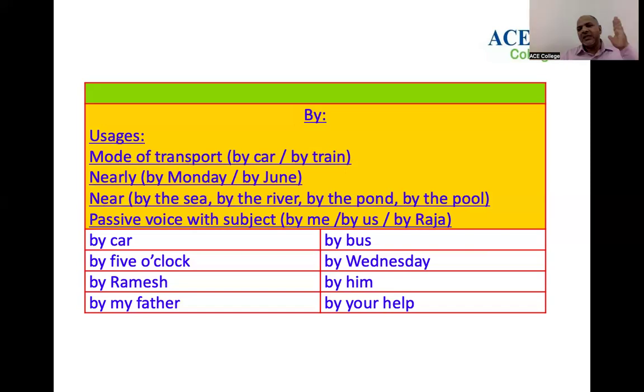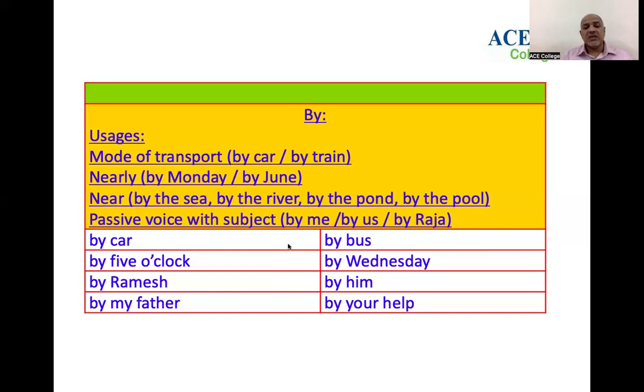For example, in the subject you are going to use "I", so you have to say "by me", and "we" becomes "by us". You change "I" into "by me" in the object place. Okay. That is one thing you have to understand about passive voice.